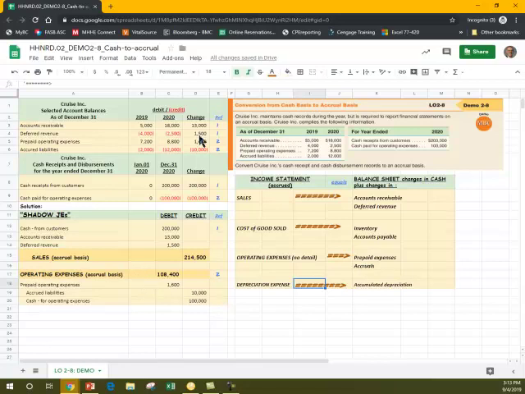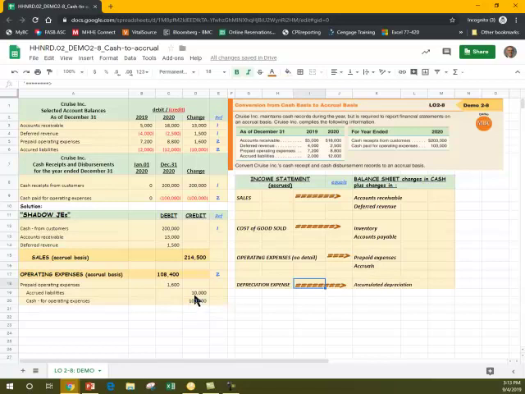In this exercise, the prepaid expenses went up $1,600. We will debit prepaid expenses, and accrued liabilities increased by $10,000, so we will credit accrued liabilities $10,000, and then we will have the operating expenses as the plugged figure.